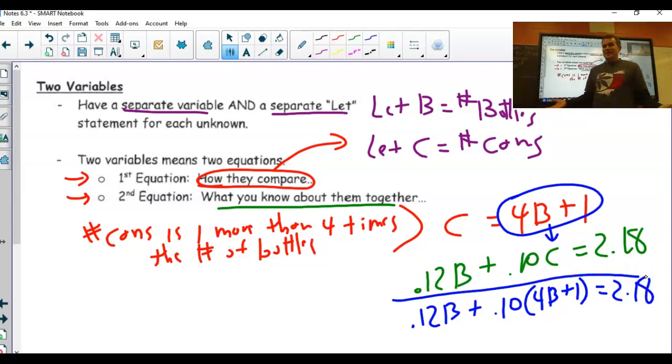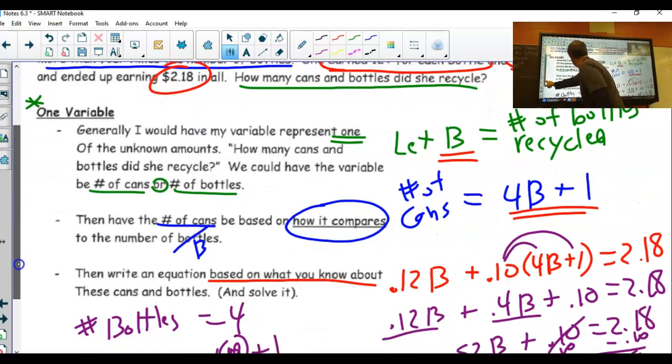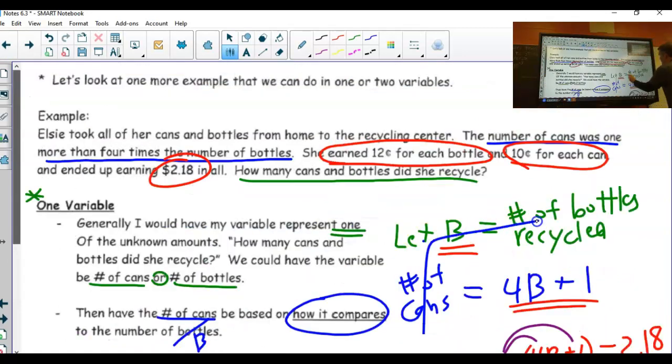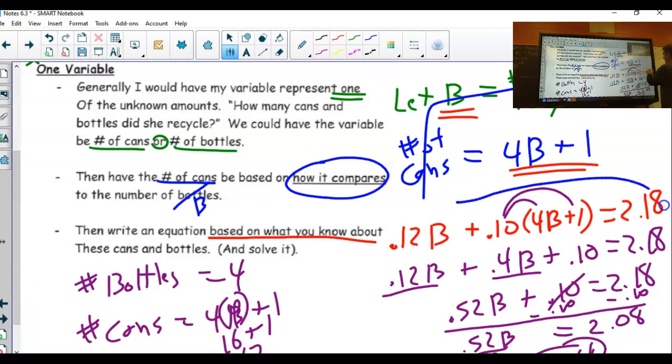Once you make the substitution, you're back to the exact same equation with one variable that we did back here. We just got the same equation that we had right here.